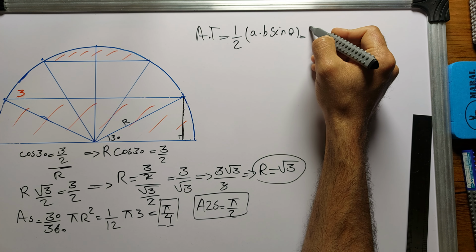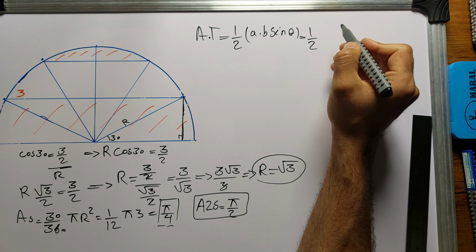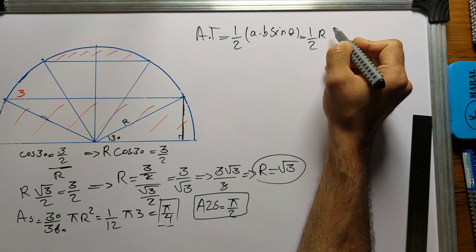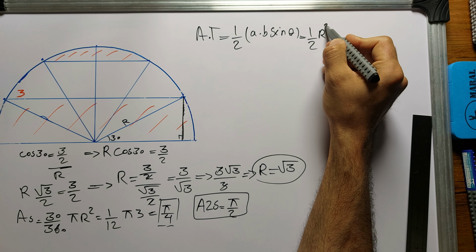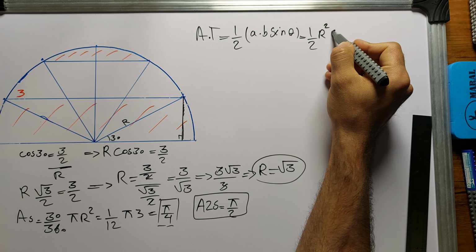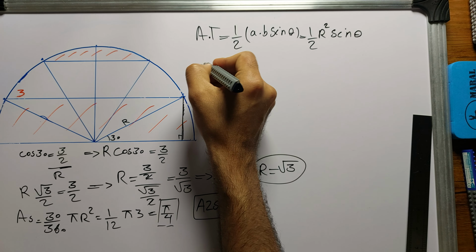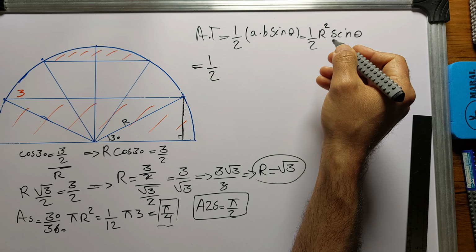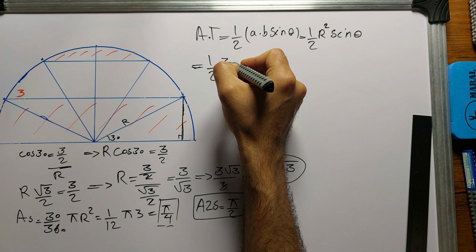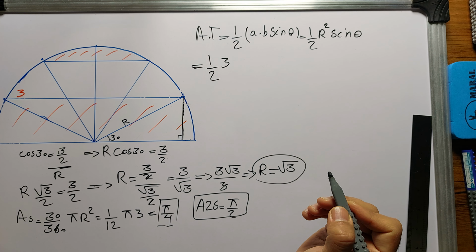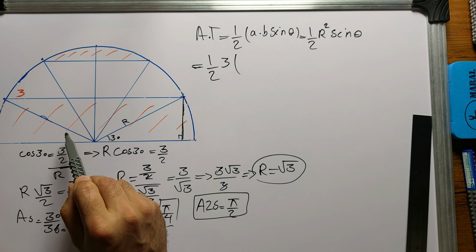So the area of this triangle, A and B are the same because they are the radii, so it is 1/2 r squared sine theta. So again, it equals 1/2 times r squared, which is 3 because r is square root of 3, times sine theta. So what is the sine of theta? So that's 120 degrees, right?